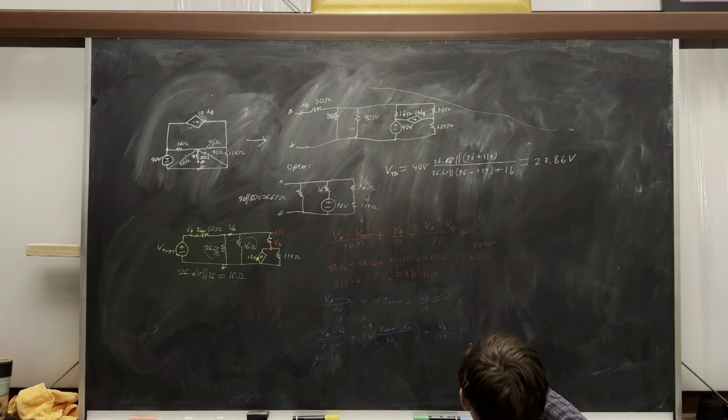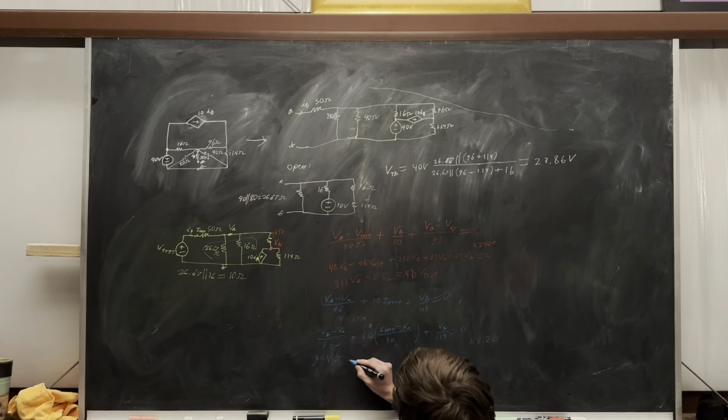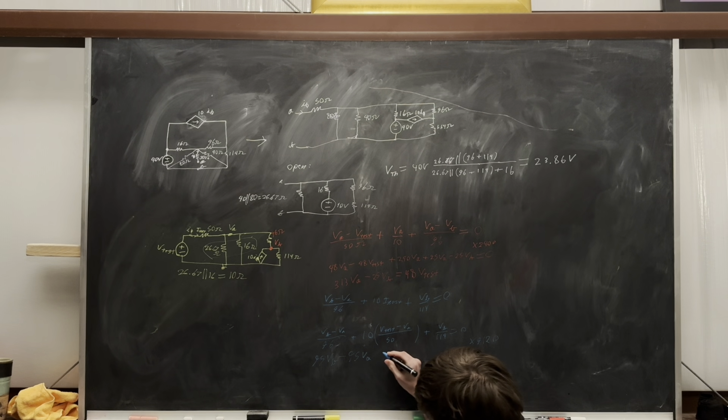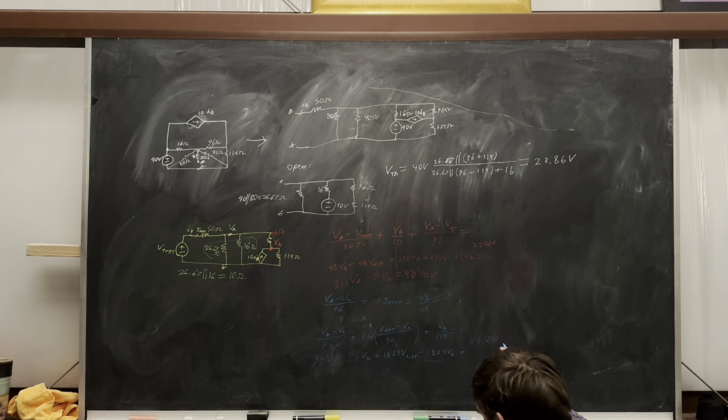95, so multiply the whole thing by 9,120. Get 95 VB minus 95 VA plus 1,824 V test minus 1,824 VA plus 80 VB equals 0.